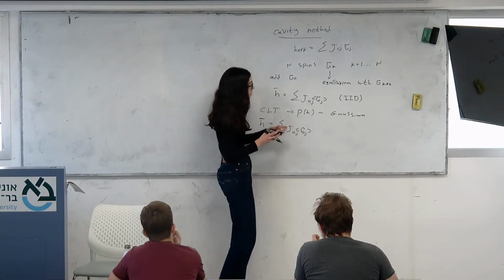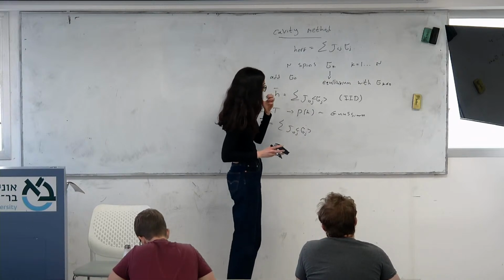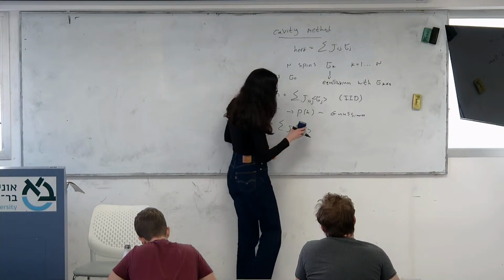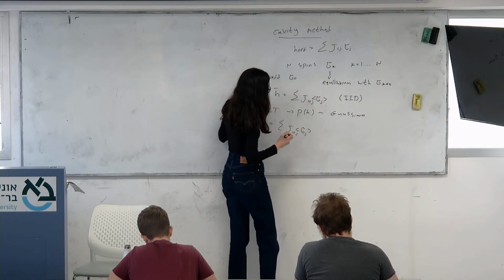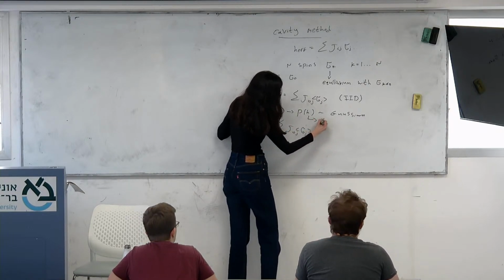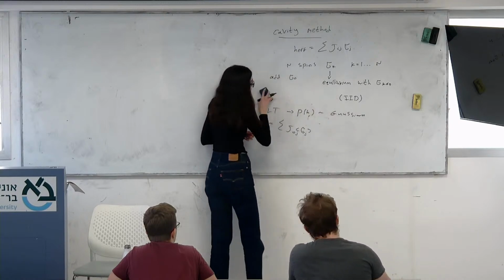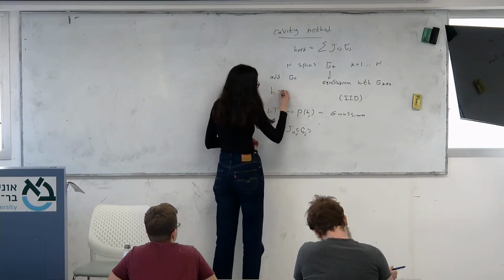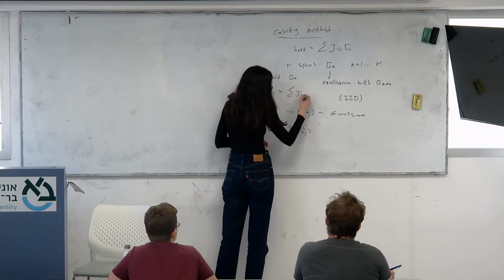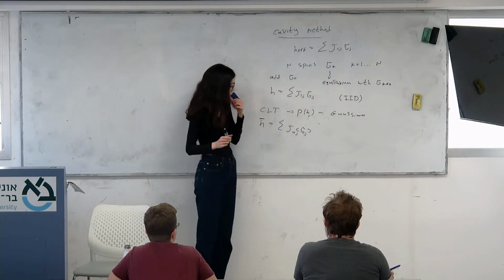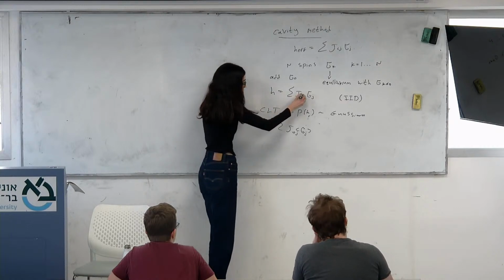So here I put an average over the different states of the spin, and this will be the actual H. So one is with average, one is without average.